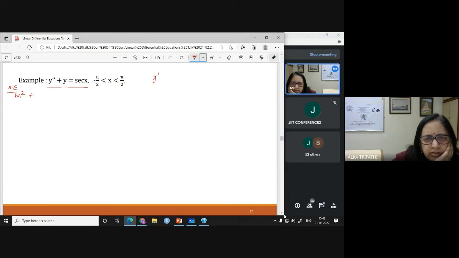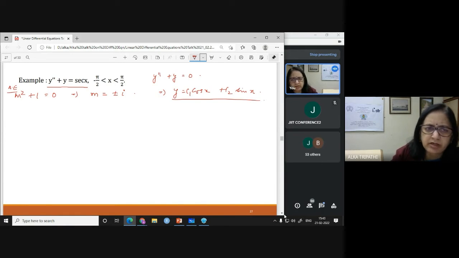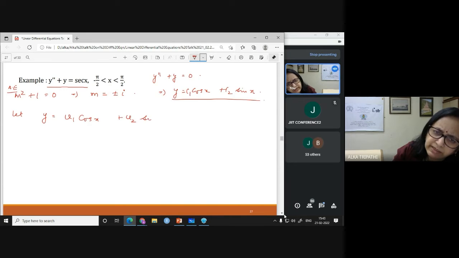I'm converting this equation first to homogeneous form and then getting the solution for this homogeneous equation. m square equal to minus 1, which implies m equal to plus minus i, or you can say y is equal to c1 cos x plus c2 sin x. If I'm using variation of parameters, I will assume that y is equal to v1 cos x plus v2 sin x. Then I will find y dash.